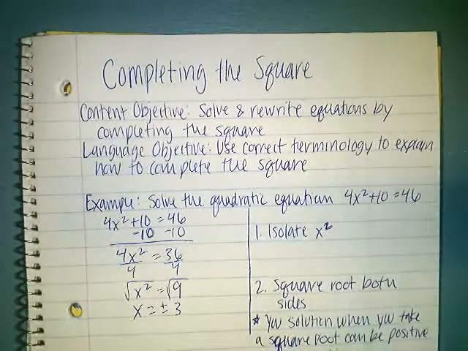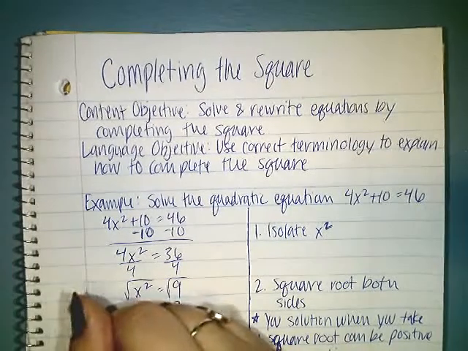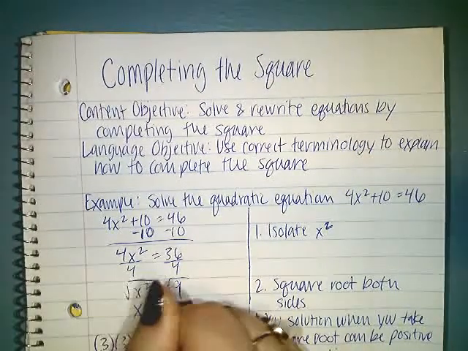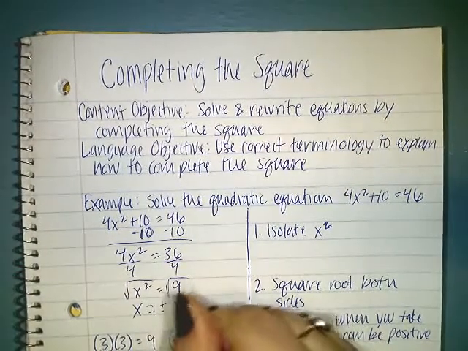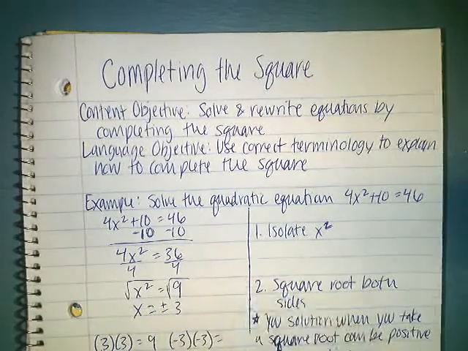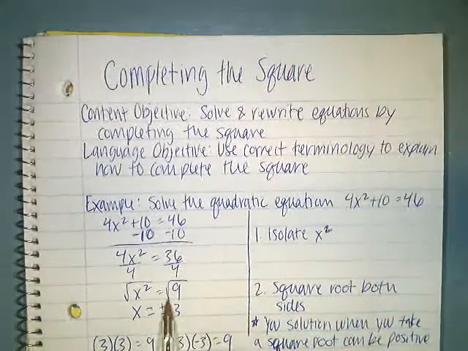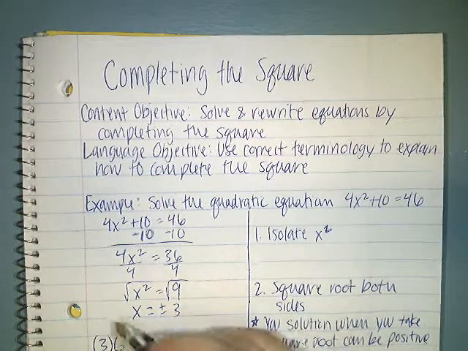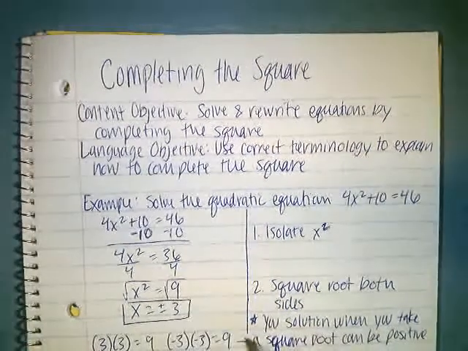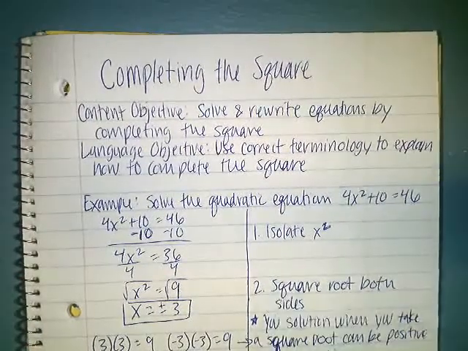And this is because, for example, if we had 3 times 3, we get 9. But we also can multiply negative 3 by negative 3 and get 9. So the square root of 9 could be positive or negative 3. So I need to account for both of those scenarios.